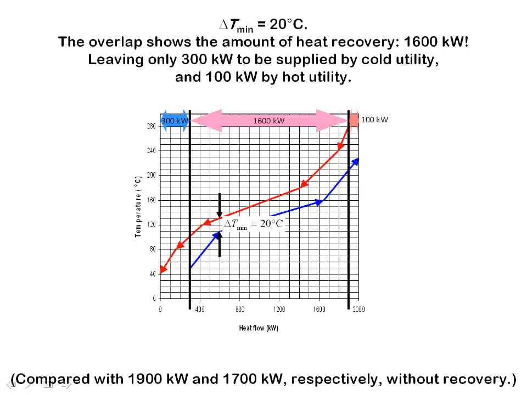But comparing this with the 1900 kilowatts of cold utility and the 1700 kilowatts of hot utility that we would require if we didn't have any heat recovery, we've saved ourselves an enormous amount of energy costs. We're only having to supply 100 kilowatts of steam instead of 1700 kilowatts. That's an incredible saving. That's well worthwhile. So as we've said previously, the scope for heat recovery is much greater when you've got many hot and cold streams to consider.